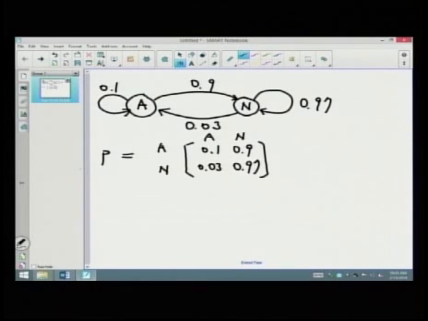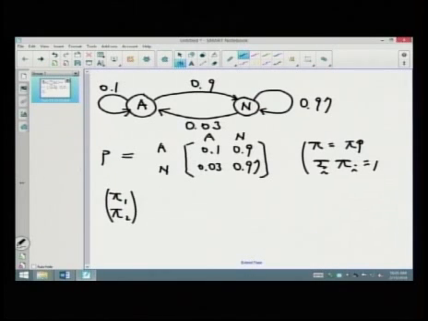Okay, now let's try to get the limiting probabilities, the steady state distribution. Do you remember what formula we're going to use? We're going to use pi equals pi P in the matrix form, right? And then the summation of every pi is going to be 1. So that's what you're going to use, right? So here, [pi 1, pi 2] equals [pi 1, pi 2] times this P matrix, right?